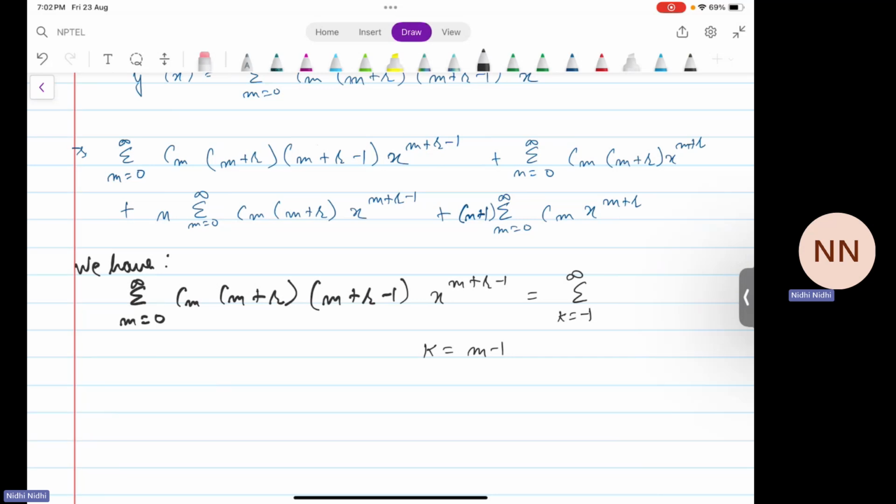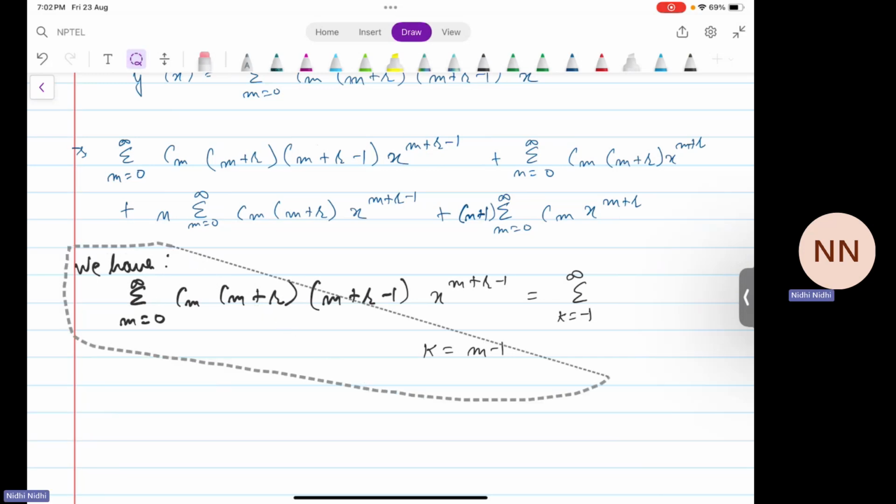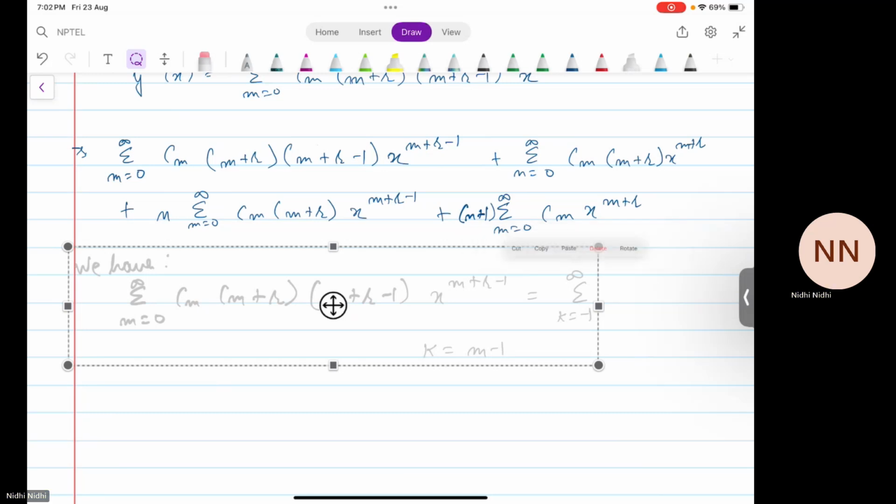Okay, firstly let's just club the terms with the power m plus r minus 1 and m plus r. Then that would be a bit better way to solve it.